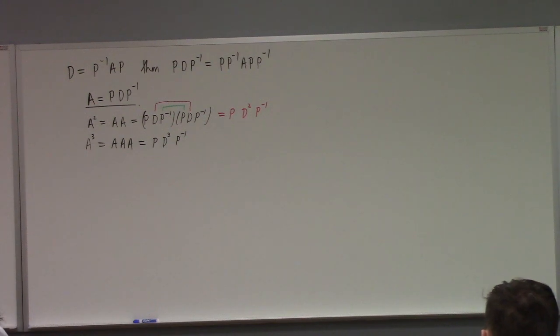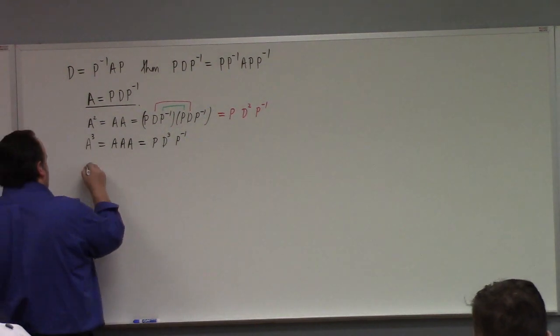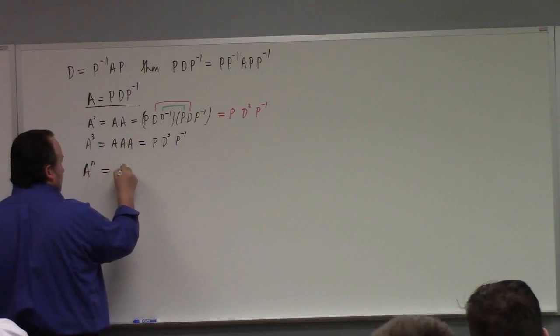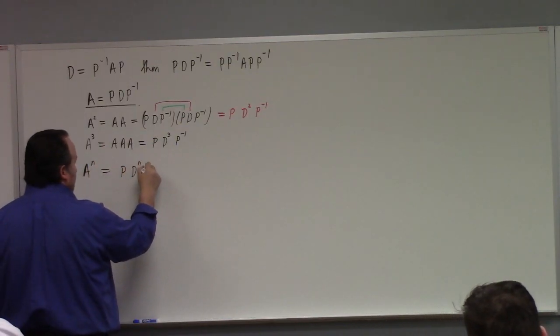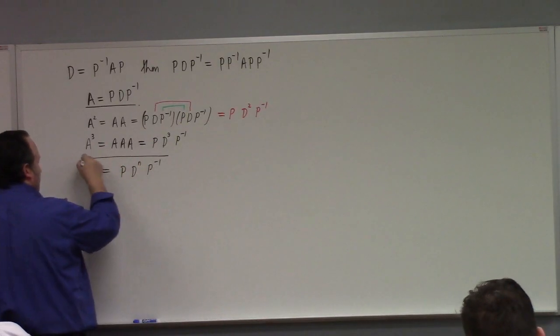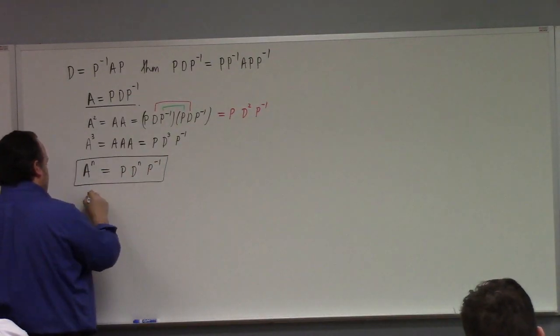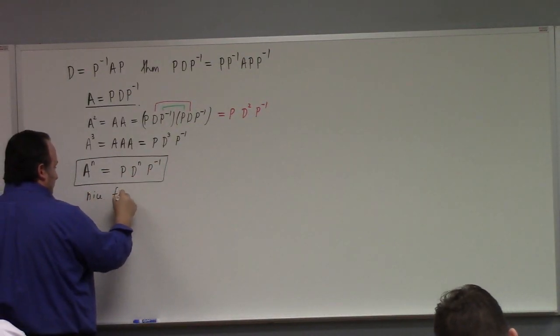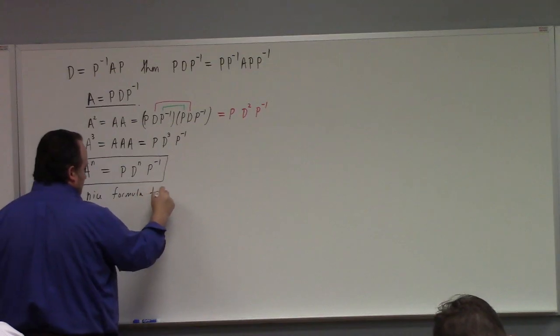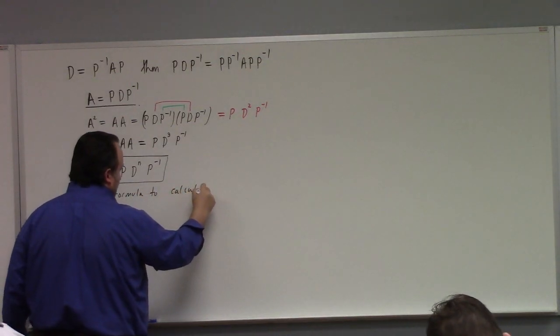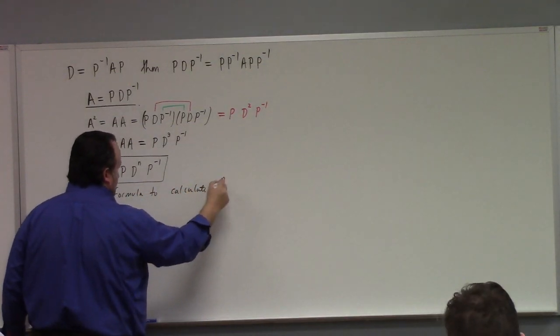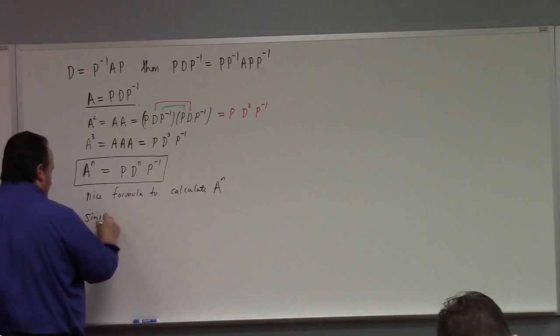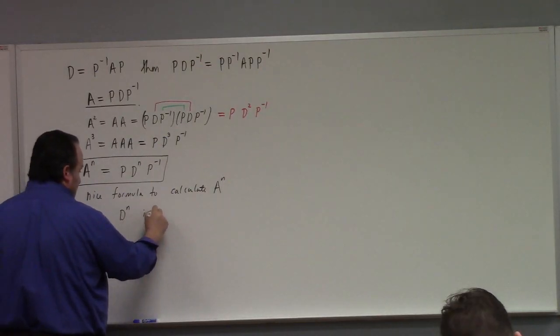And generally speaking, A to the power n is going to be P D to the power n P inverse. This right here is a nice formula to calculate A to the n, since D to the n is easy.